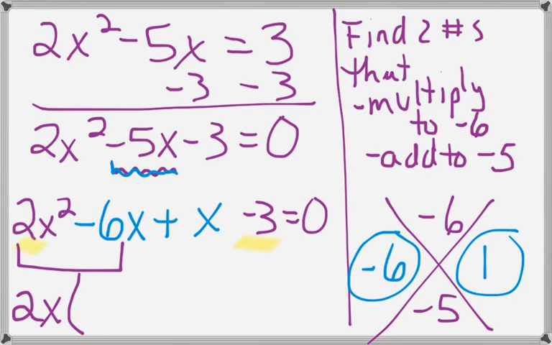So if you take 2x squared and you divide it by 2x, 2 divided by 2 is 1. X squared divided by x is just x. And then if you take negative 6x and divide it by 2x, you're going to get negative 3. Okay, then we have a plus sign, so don't forget that.